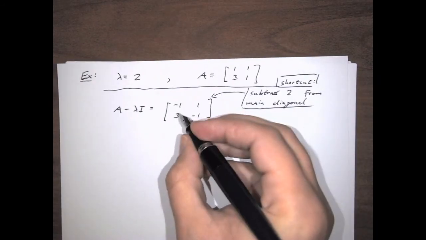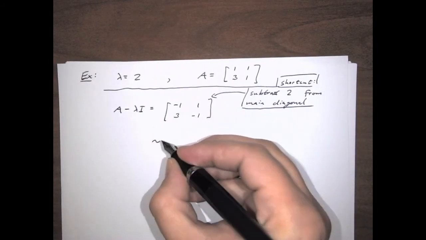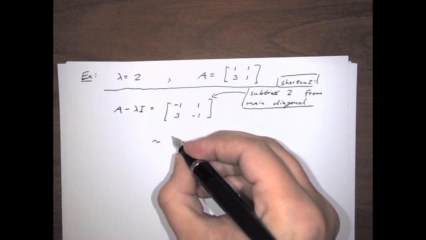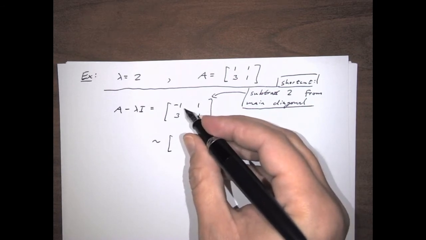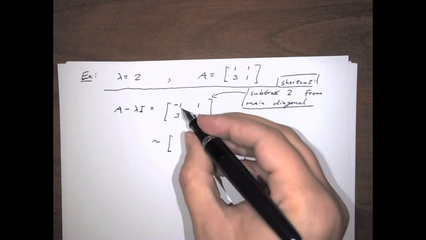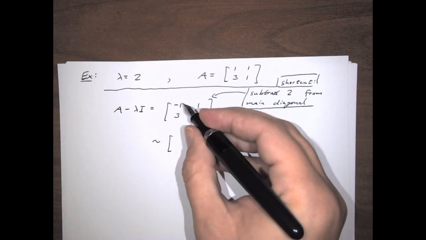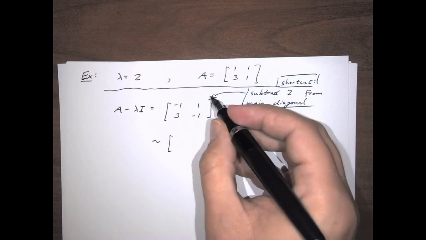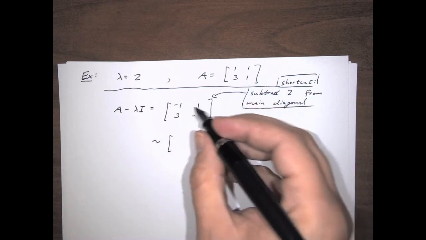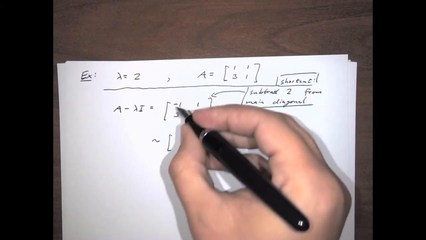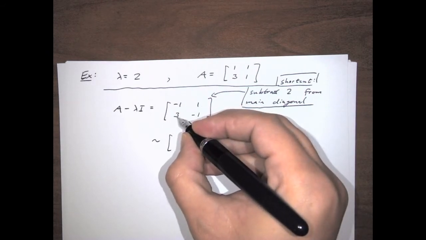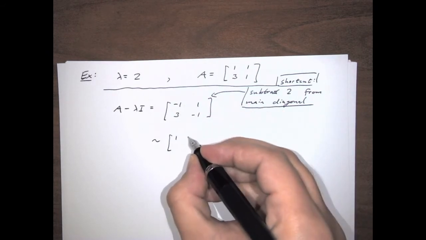Alright, well now looking at this, it's going to row reduce, not to something like it did before, but we can see we're going to have a pivot everywhere, because these rows are not linearly dependent on each other. No one row is a scalar multiple of the other, and since there are only 2 of them, that's all it would take.